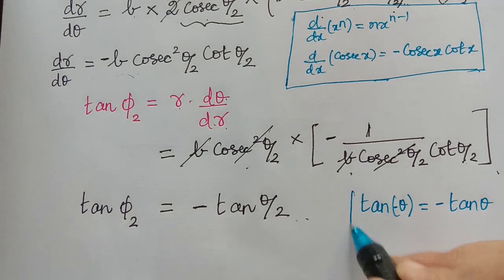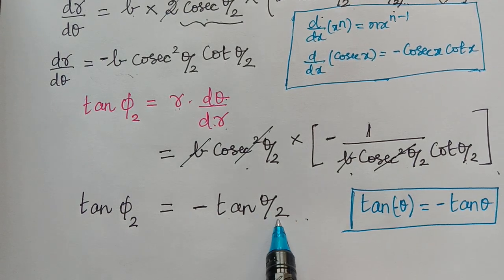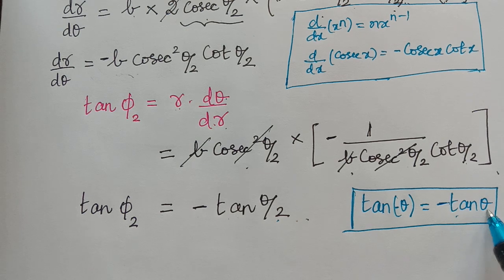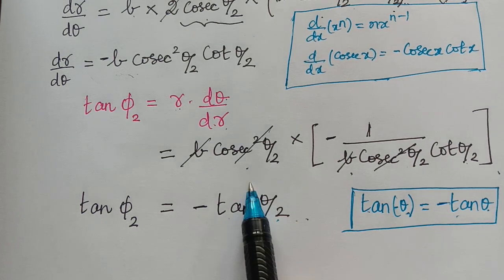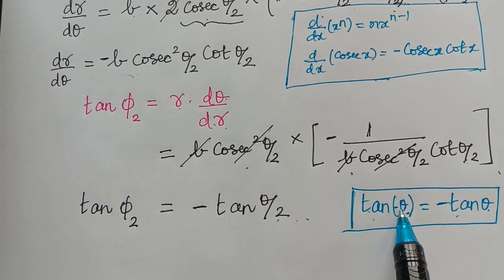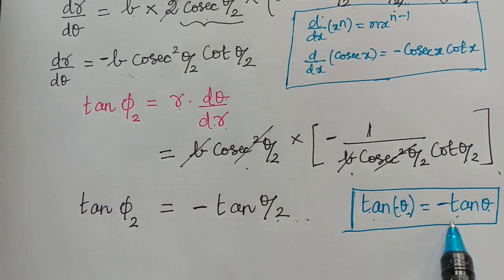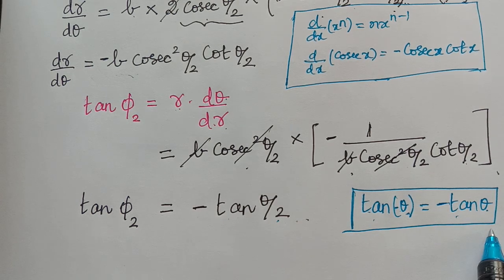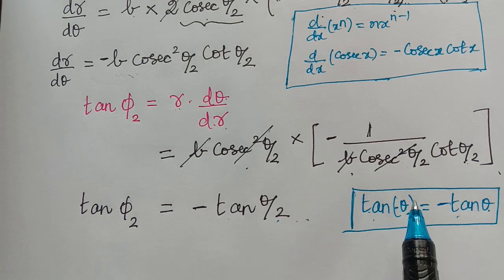So minus tan theta by 2 can be written as tan of minus theta by 2.